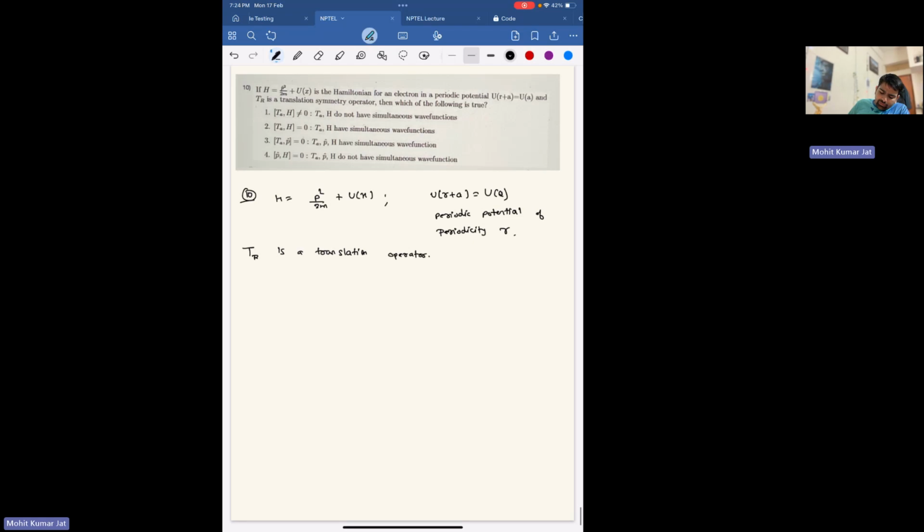So basically, if T of a is operated on something which is a function of x, for example U of x, then it will be U of x plus a. That's what it means.